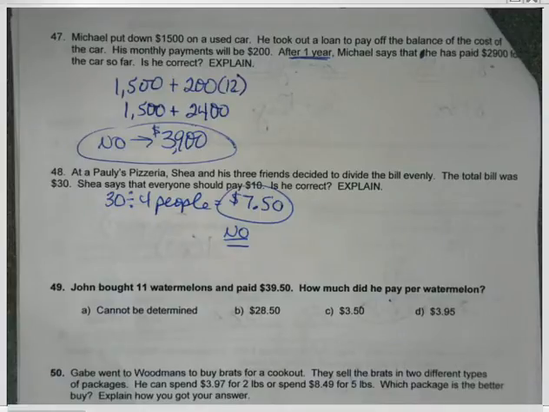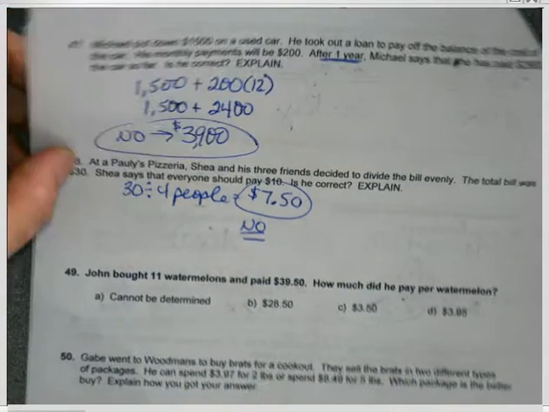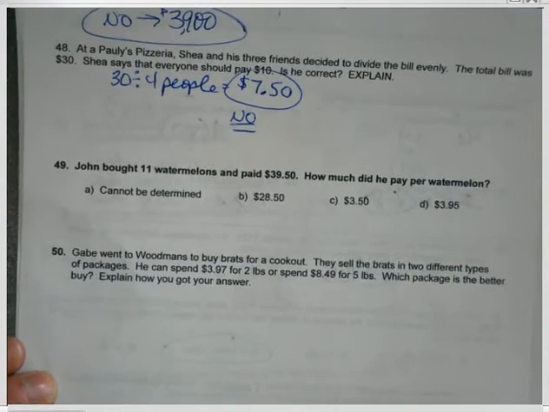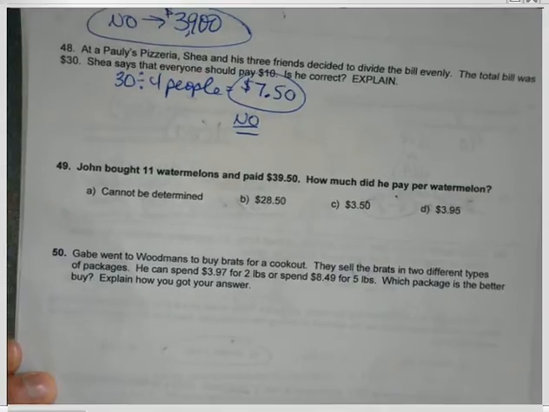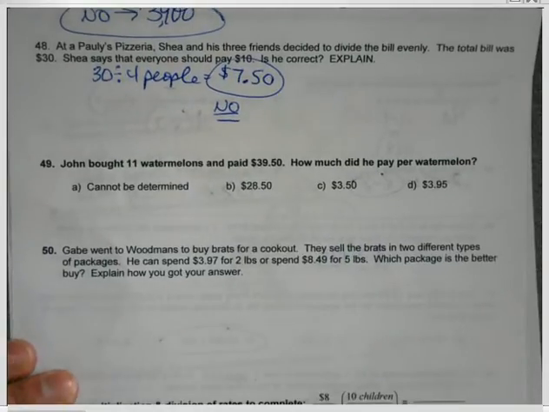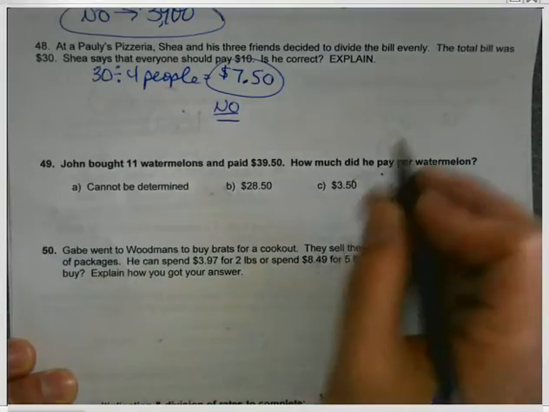49. John bought 11 watermelons and paid $39.50. How much did he pay per watermelon? Not one of the answers. How would I figure this out? Oh, did I not have the right answer here?